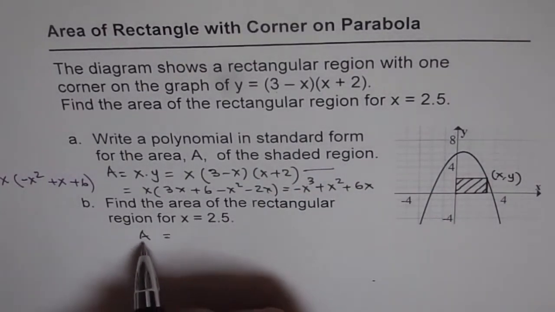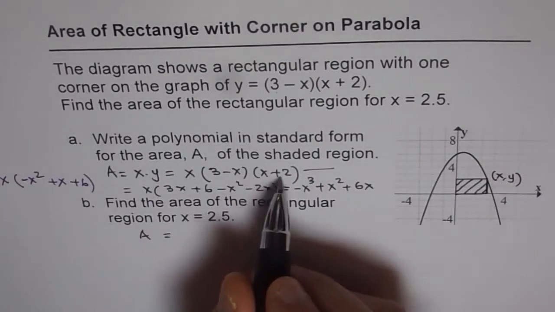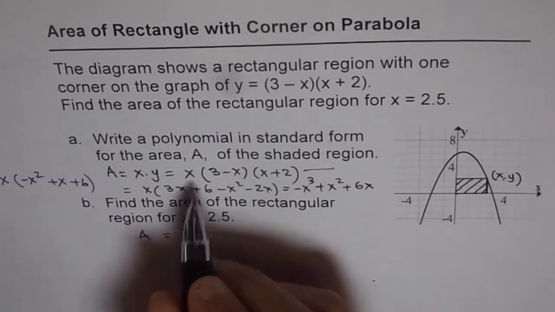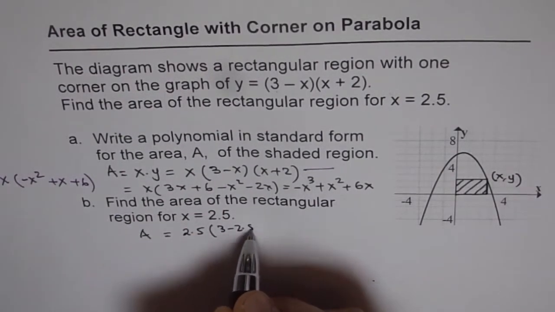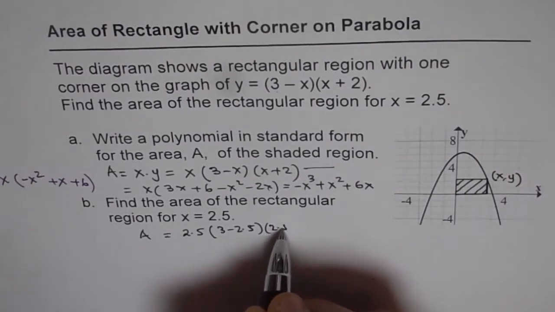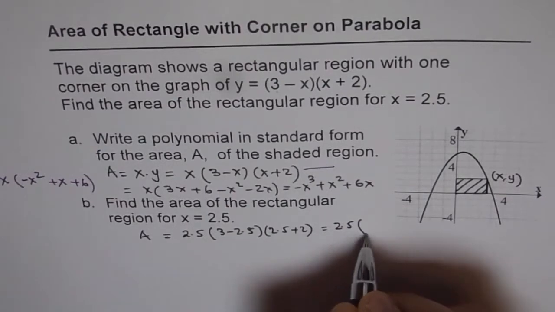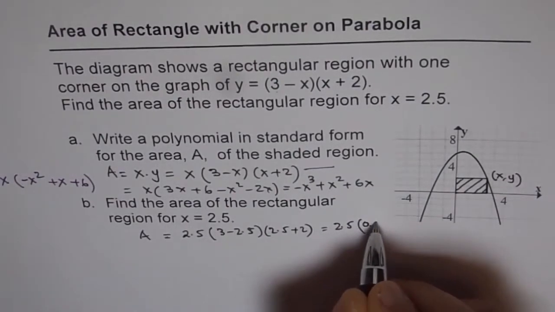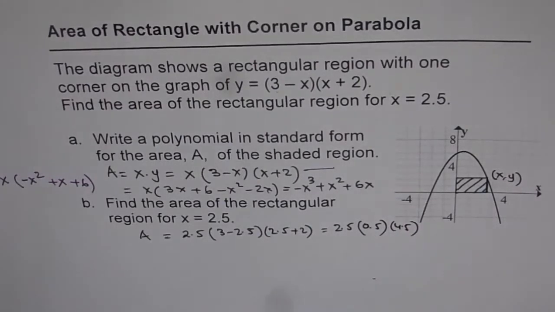So this is my equation for area: area equals x times (3 minus x) times (x plus 2). So I'll substitute 2.5 here. 2.5 times (3 minus 2.5) times (2.5 plus 2). So that gives you 2.5 times 0.5, and this gives me 4.5, right? So let's multiply them and get the answer.